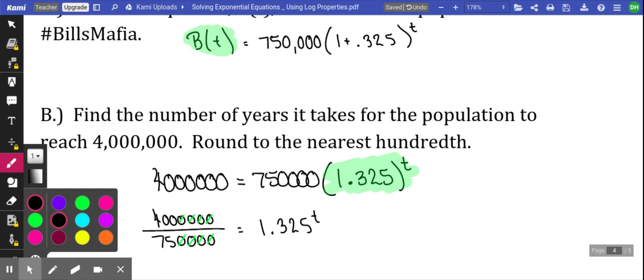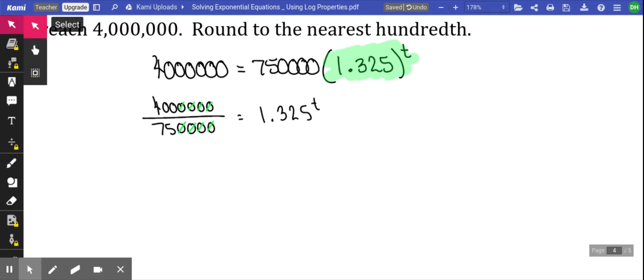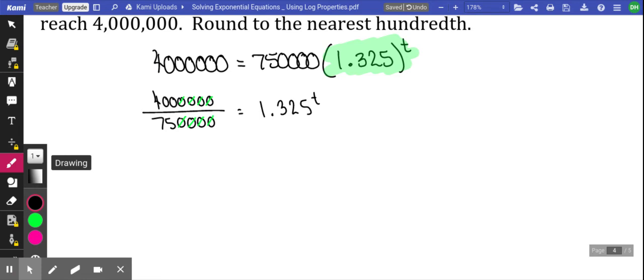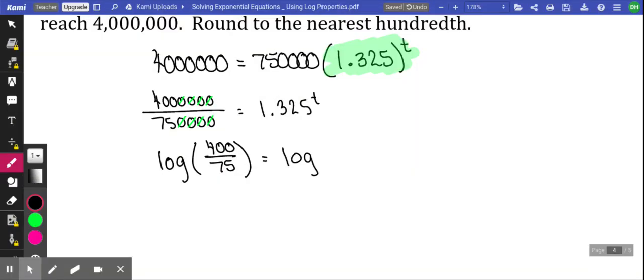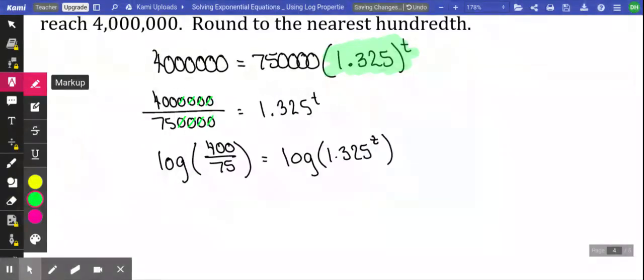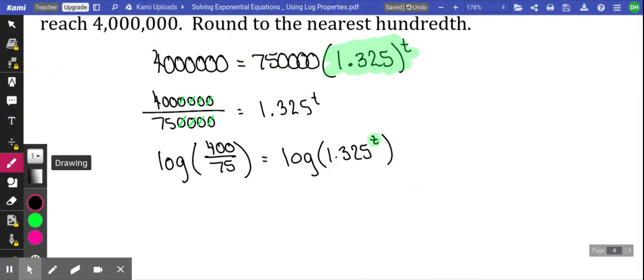All right, what should we do next? Let's go ahead and take the log of both sides. So we've got the log of what was on the left side equals the log of what was on the right side. And it really doesn't matter whether we put that t on the inside or the outside of the parenthesis. Believe it or not, it doesn't matter. And then we'll just say the exponent transforms into the coefficient.